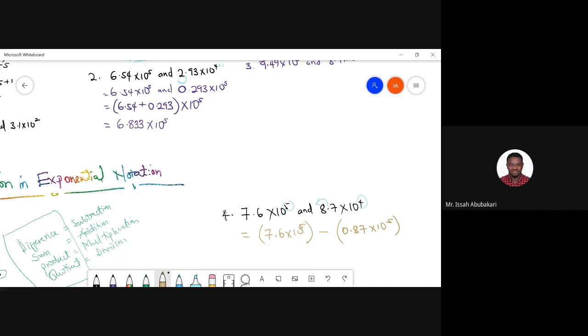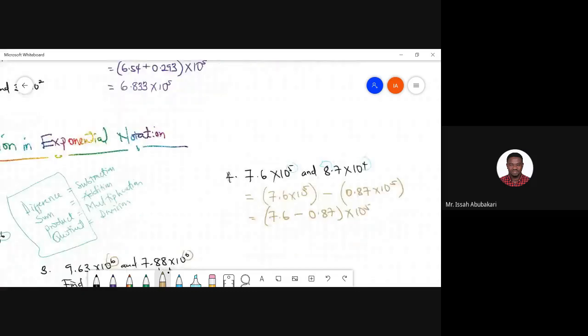Now that the powers are the same, we can simplify this as 7.16 minus 0.87 multiplied by 10 power 5. And then the final answer should be equal to 6.29 times 10 power 5. And this should be your final answer.